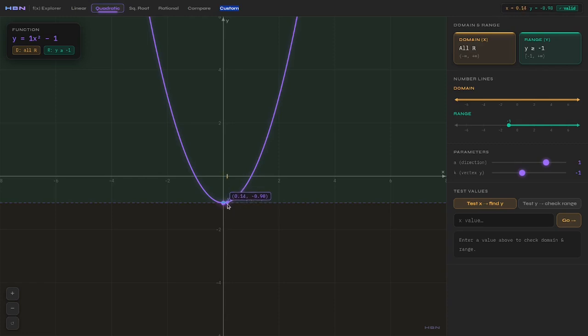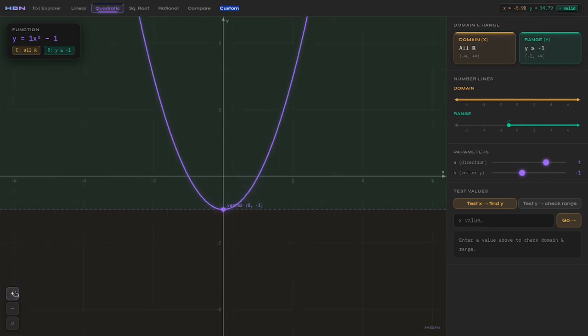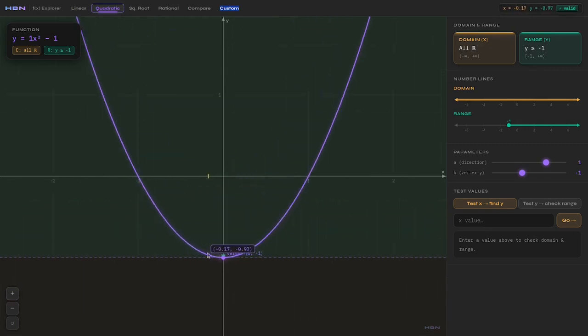This is a minimum function. So the value of x will start here and then it goes upward. If I zoom in, the smallest value of y you can ever get is -1. With the -1, it then goes on and on upwards.